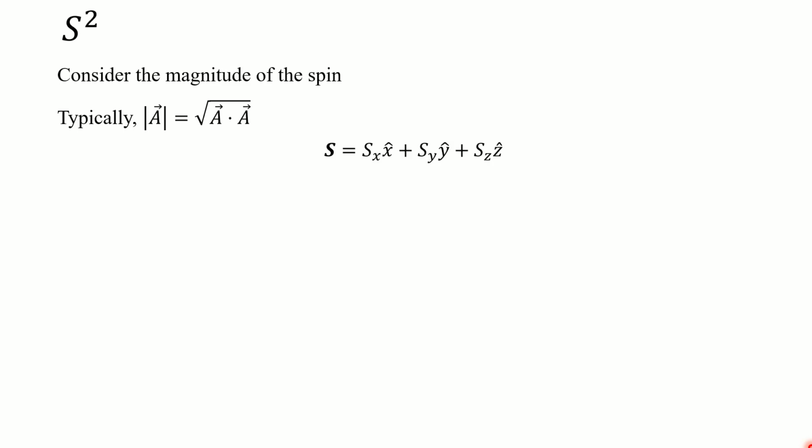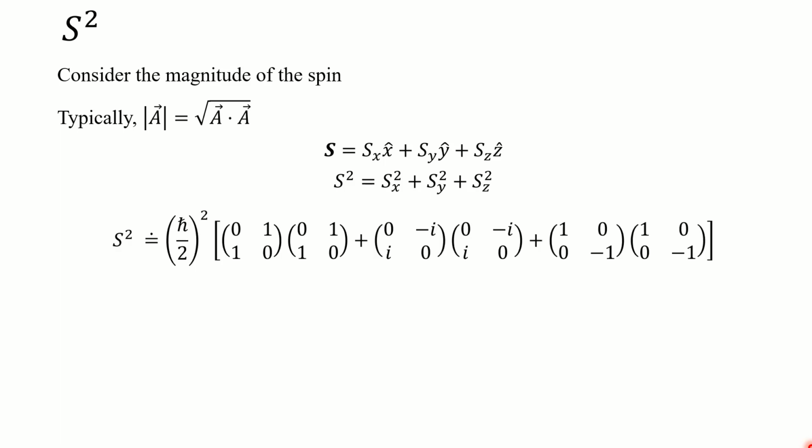If we want to do that for our spin system, we can write it as a vector, the Sx operator times the x hat unit vector, likewise for Sy and Sz, and define an S squared operator that's essentially S dotted with itself that looks like this: Sx squared plus Sy squared plus Sz squared. If we take the square root of whatever that operator gives, we get the magnitude of our spin.